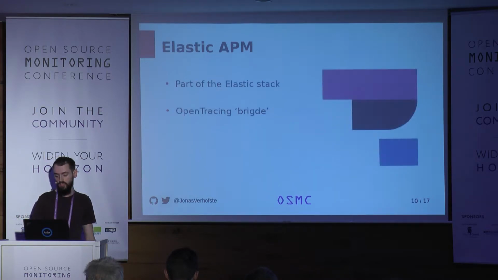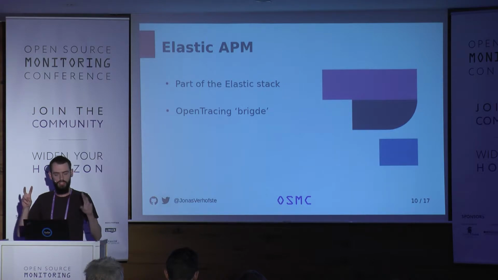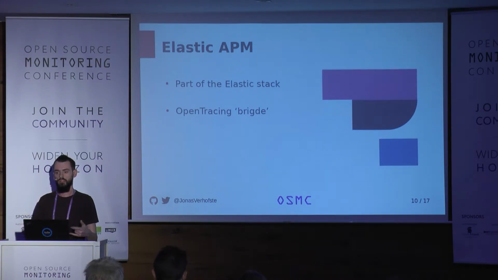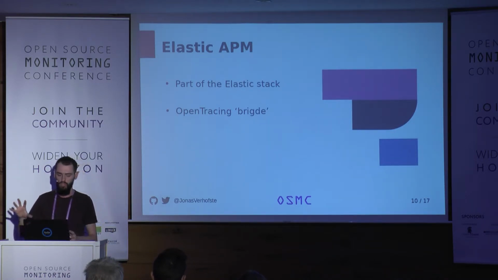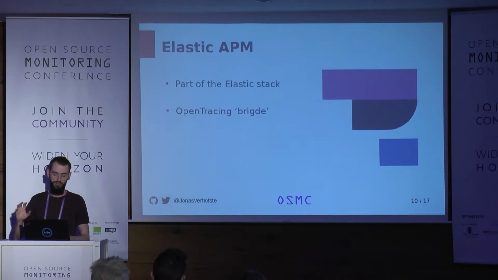There's also Elastic APM. It's part of the Elastic stack, has an OpenTracing bridge. But to get the full Elastic experience, you need to use the Elastic tooling and not the OpenTracing one, because the OpenTracing bridge doesn't have all the features the Elastic APM implementations have.